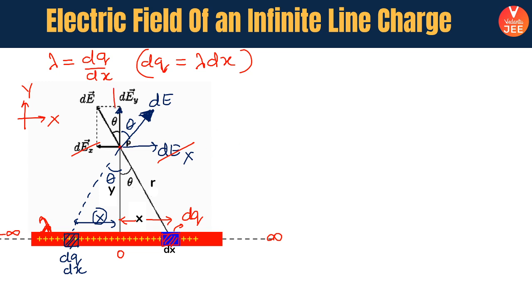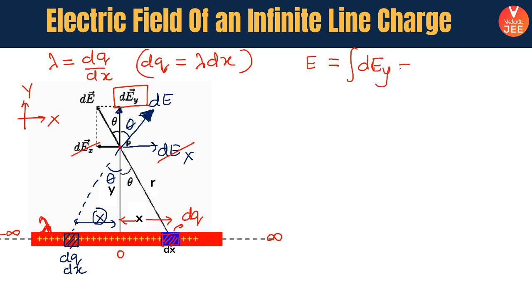What is important to notice is that the effective electric field is going to be the integral of such dEy elements. That means because of this rod, without even doing any mathematics, we are coming to the conclusion that the net electric field is going to be along the y direction. Means the net electric field E is the integral of dEy.